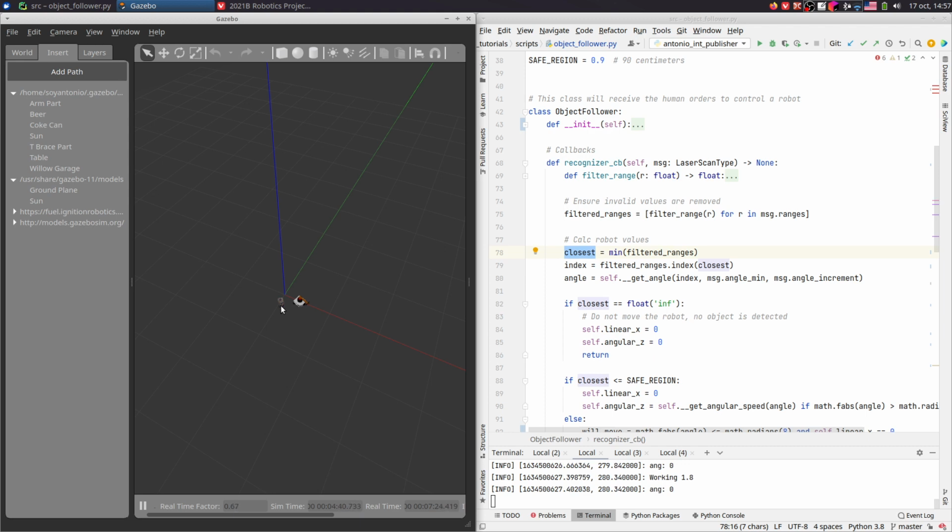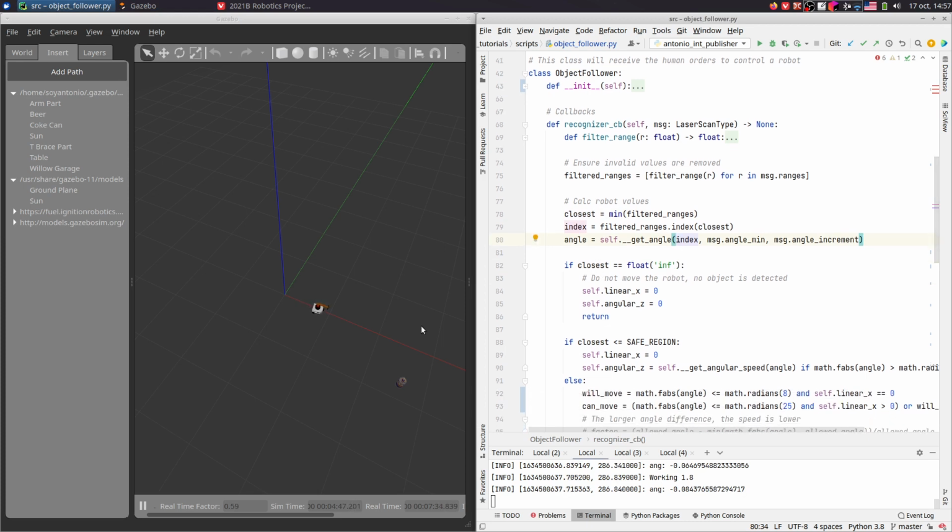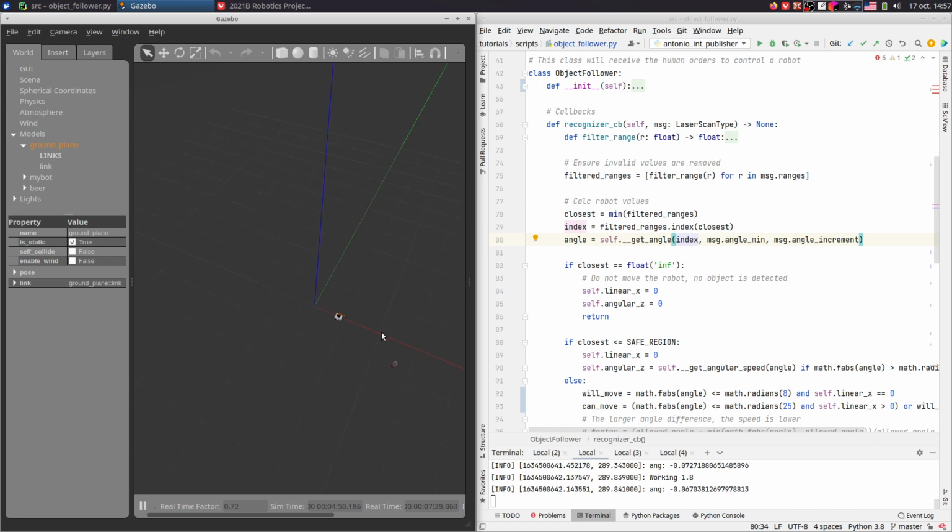That will give us our value. At the front, it will be 0. Let's put this beer just to start moving. As we didn't have any object right here, we put it to 0. That's the reason the robot did not and will not move when it doesn't detect any object.